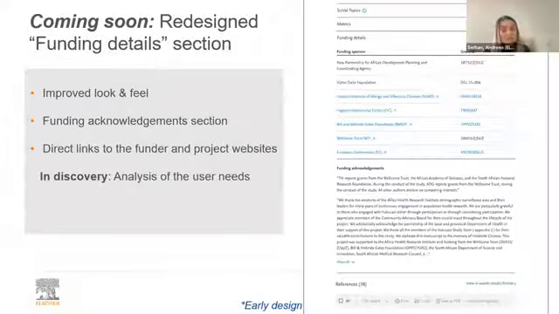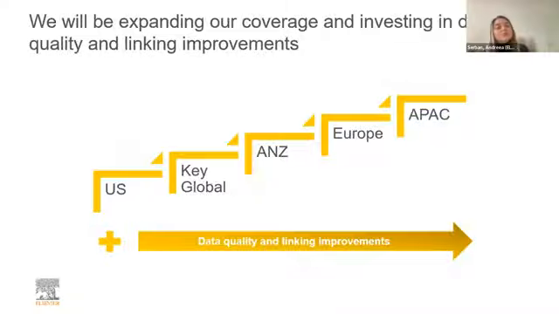Next slide, please. At the same time, in the funding domain, as I said, we are putting a lot of effort to increase the coverage of the awards on the Scopus researcher profile. And I mentioned that last year we launched a beta version of this, mainly with the federal funders in the US.